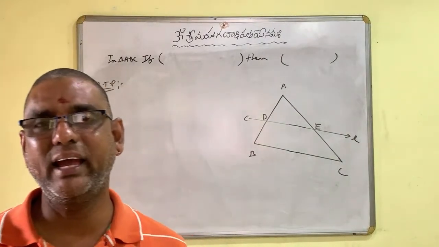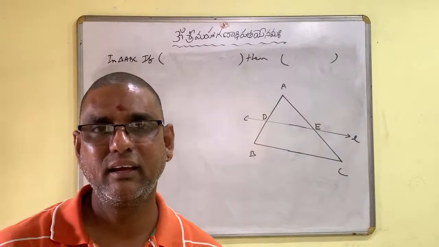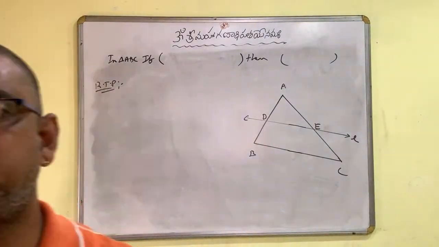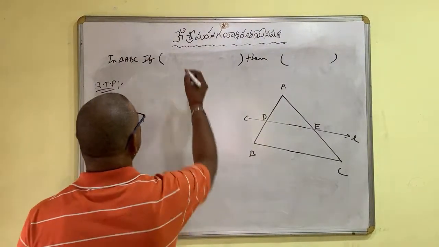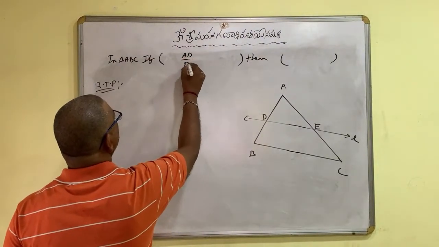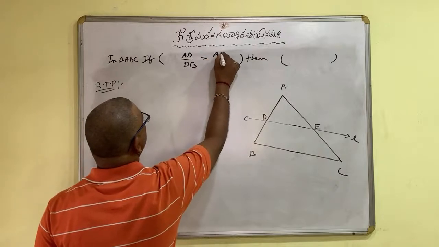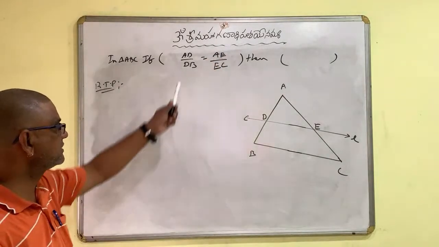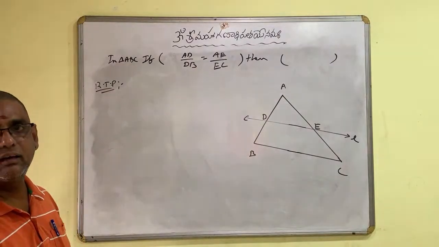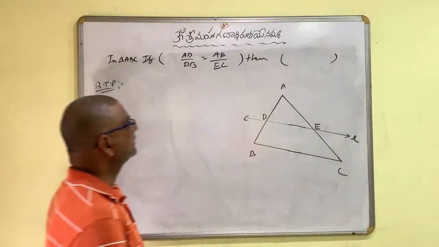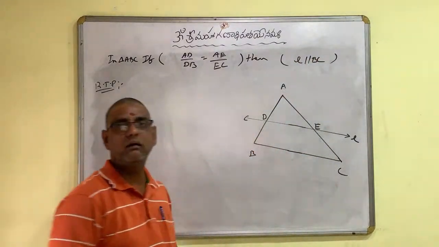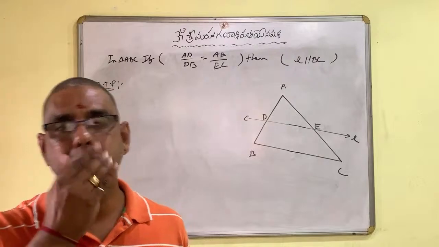If a line is drawn, and AD by DB equals AE by EC, if this happened, then the result is L parallel to BC.